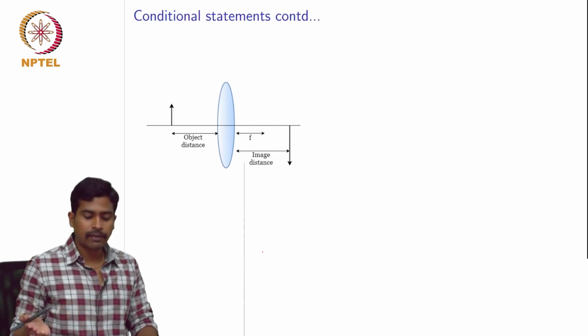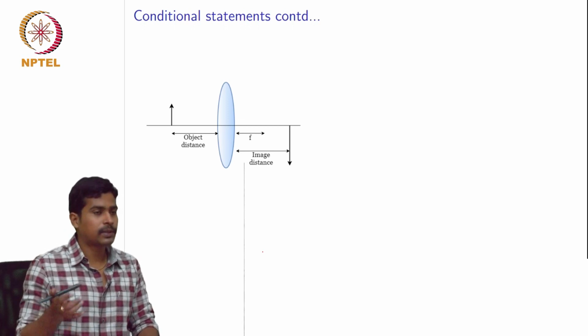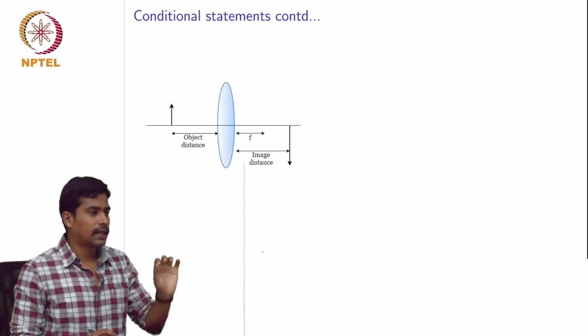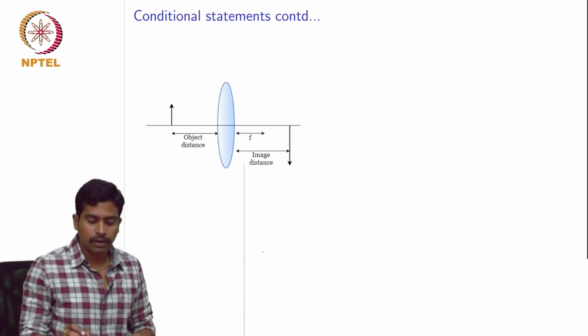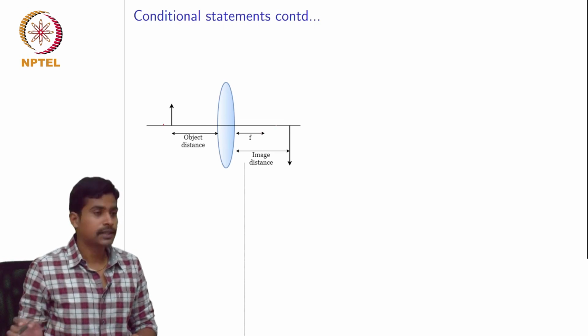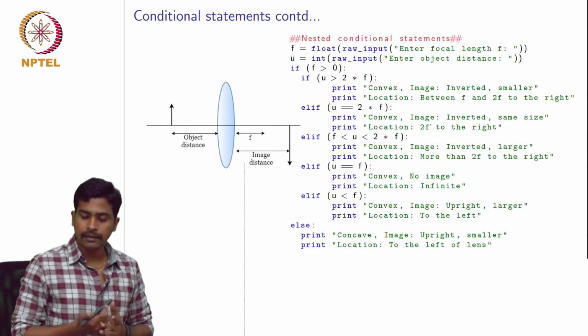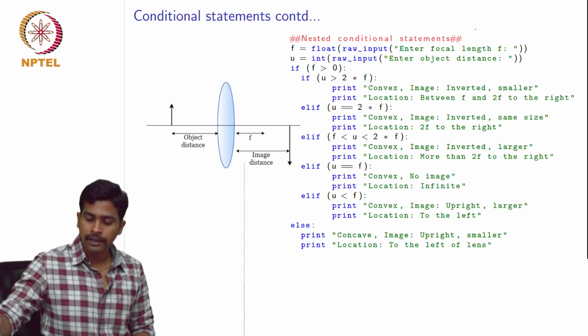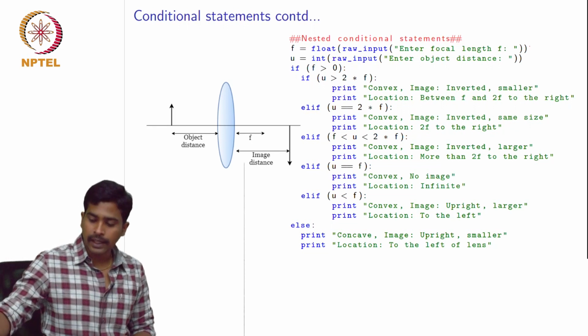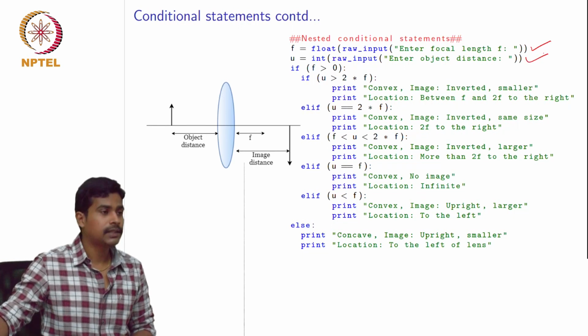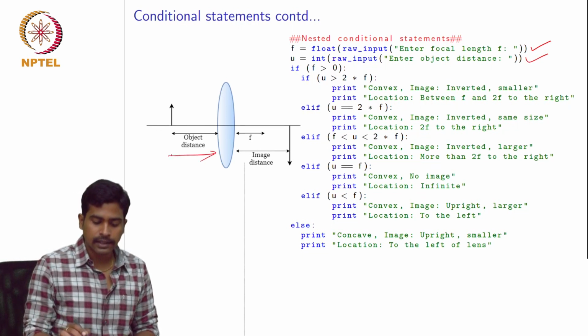So in this example we are trying to model what happens when an object lies at a distance x from your lens. So we all know based on the object distance from the lens, the image distance is going to depend, right? So this is the program I want you guys to open. The user has to enter the focal length of the lens, and the user has to enter the object distance, which is this distance.